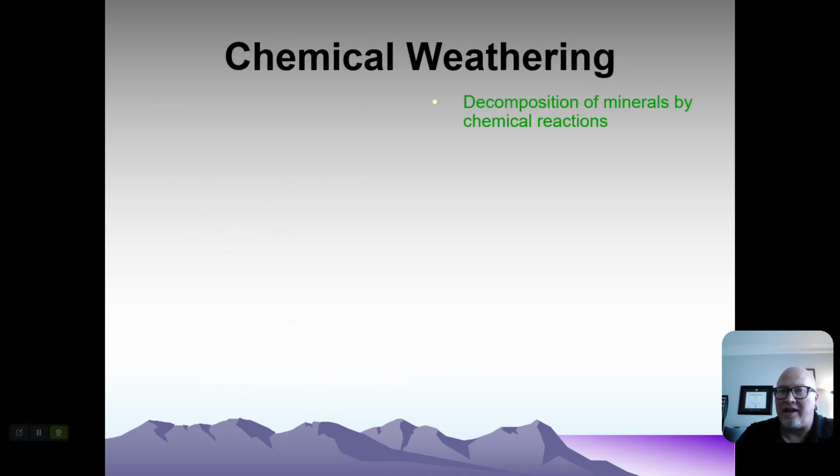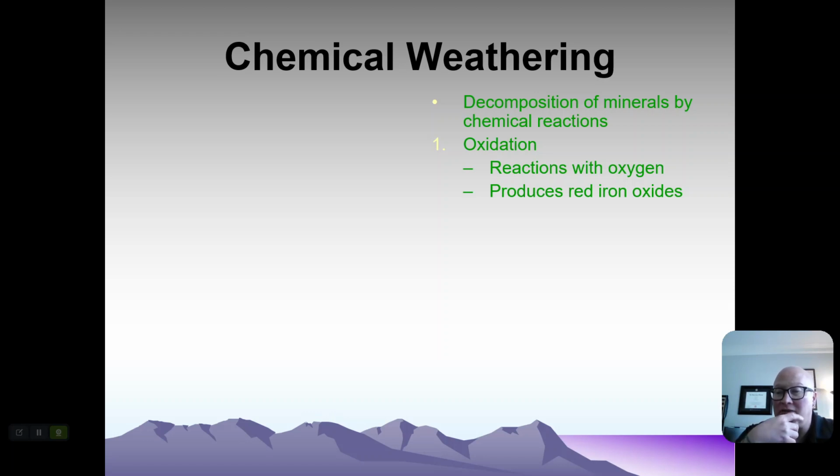Chemical weathering, on the other hand, is when you have deposits of minerals by chemical actions. You might have oxidation, which is the reaction when elements are reacting with oxygen, and literally it means that you are adding electrons to something. It produces red iron oxides. That's essentially rusting, when something is combined with oxygen.